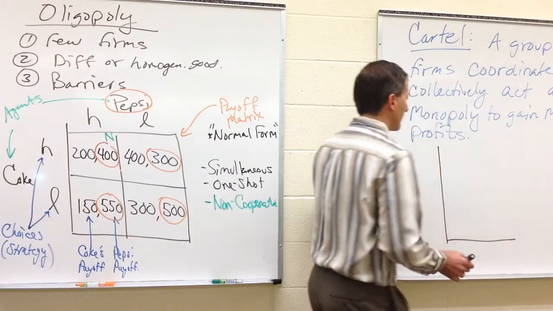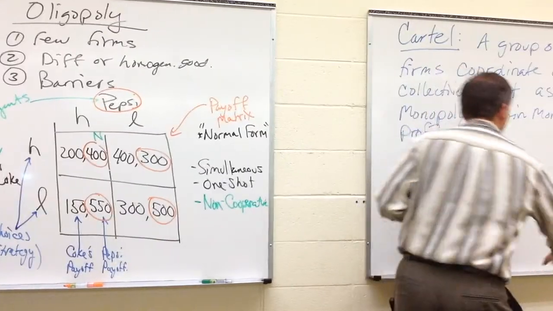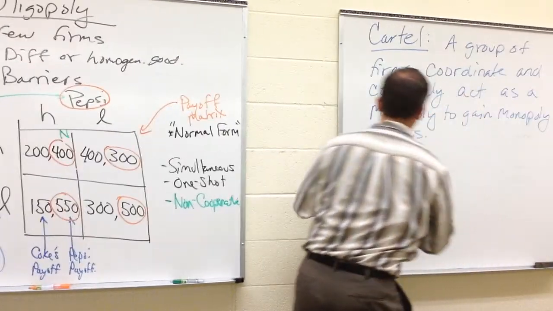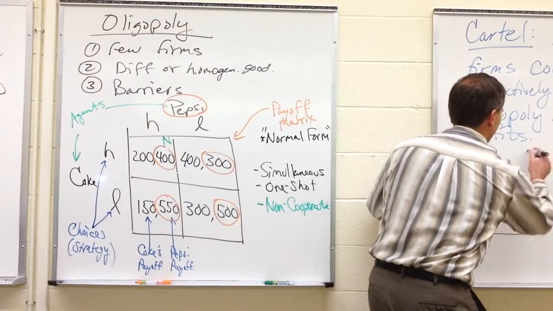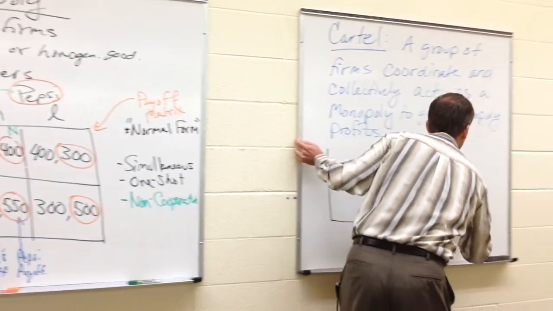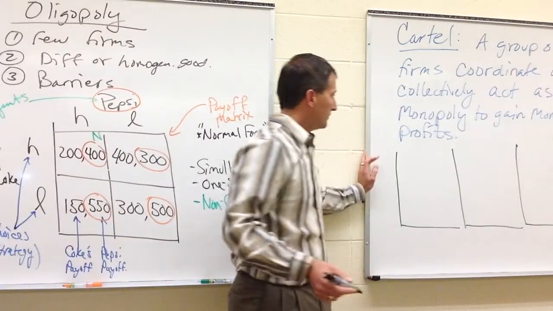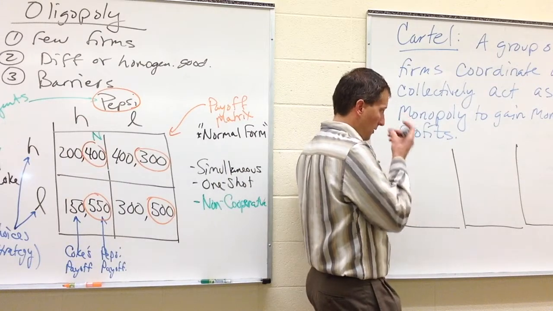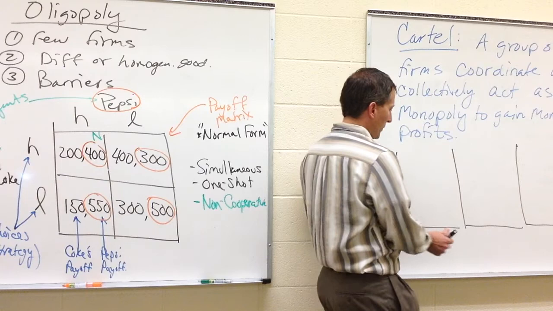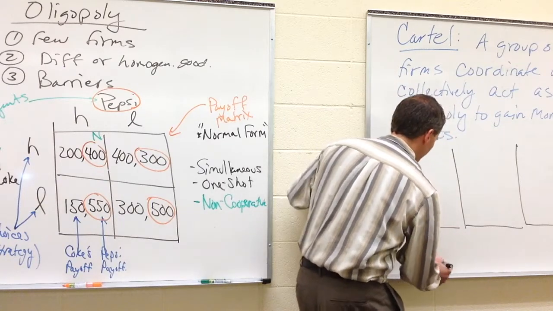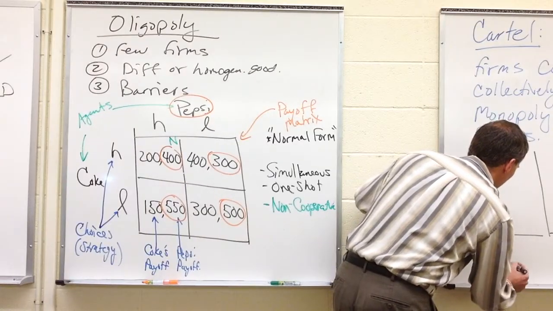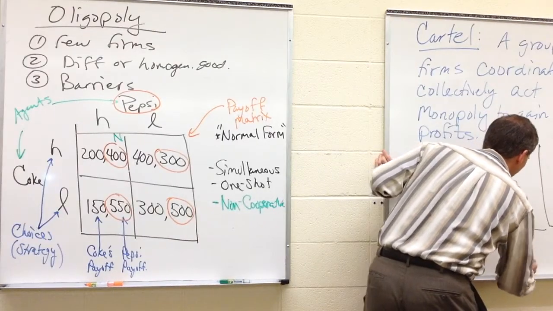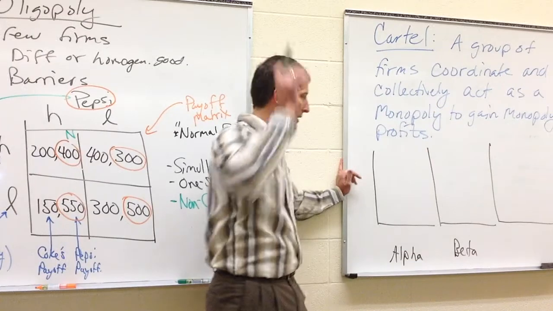And I'm going to draw 3 graphs side by side to kind of motivate this. So if we have firm alpha, alpha is one of our drug dealers, and beta is our other drug dealer firm.